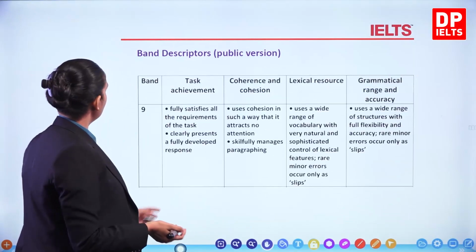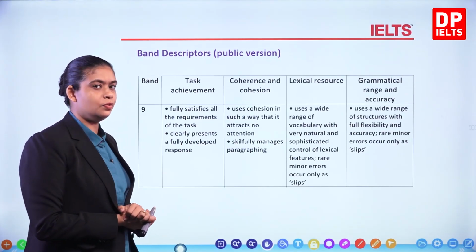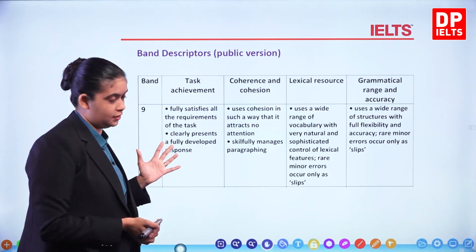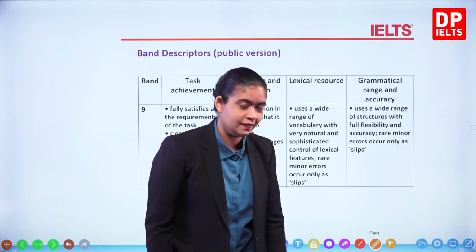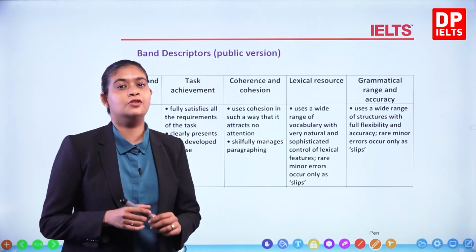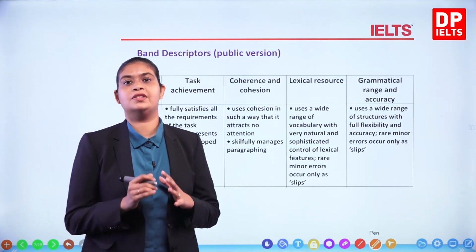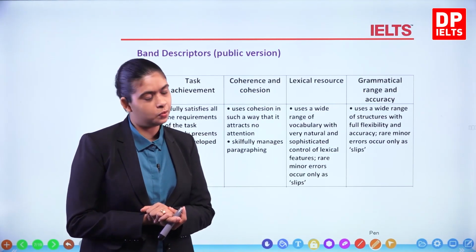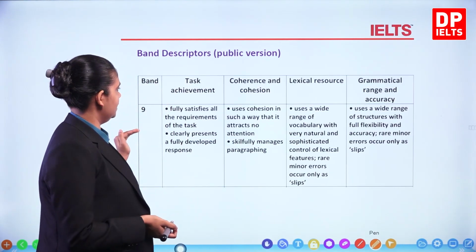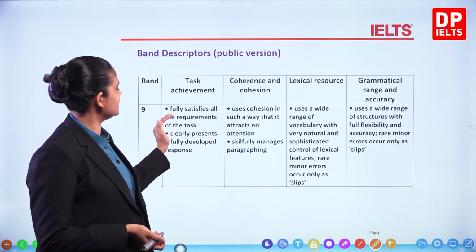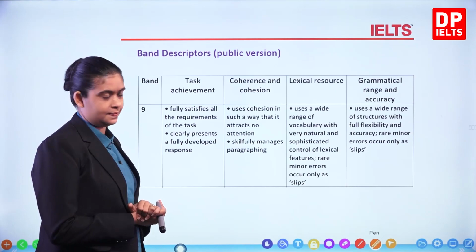Right, so moving on, here we have the band descriptor if you need to get a band score of 9, right? Now, some of you might think, oh my God, that is impossible. That is not impossible, right? I've had students getting 9 and it is possible, but it requires a lot of practice and hard work. Now, 9 means that you fully satisfy, right, all the requirements.